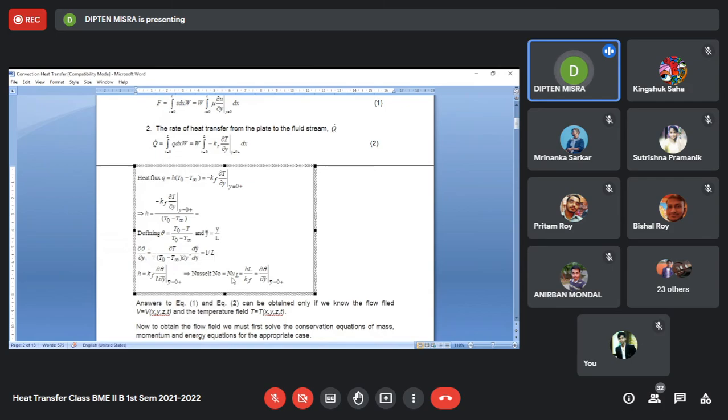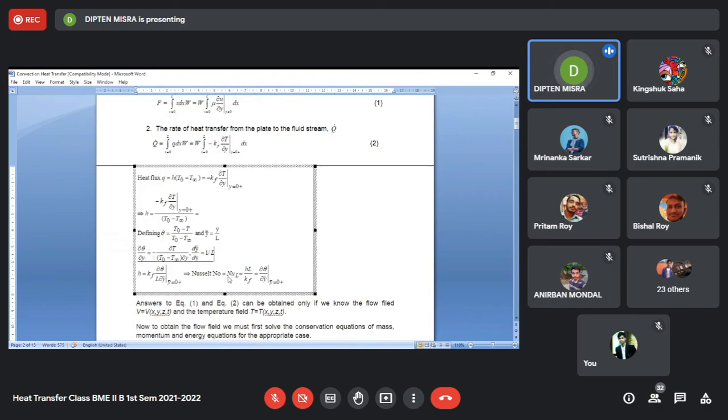So they always try to find a correlation between Nusselt number, Reynolds number and the fluid property. Once you know the velocity condition, from there you find out the Reynolds number. From there you can calculate the Nusselt number. Once you know the Nusselt number, from there you can find out the value of H. H will be now Nu into Kf by L.